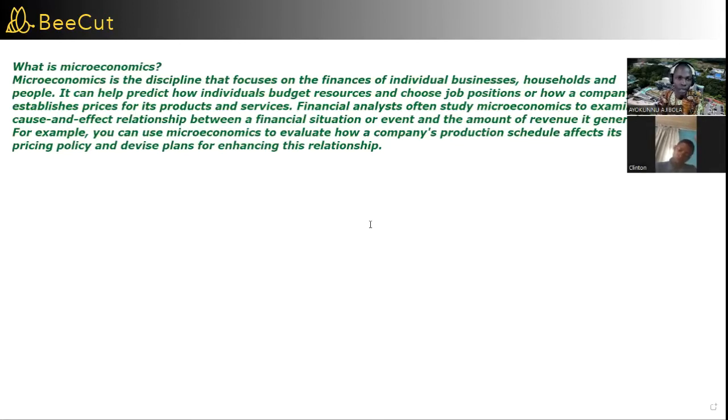It can help predict how individuals plan their budget resources, how they choose job positions, or how a company establishes prices for its products and services. For example, you're going to establish a school now.